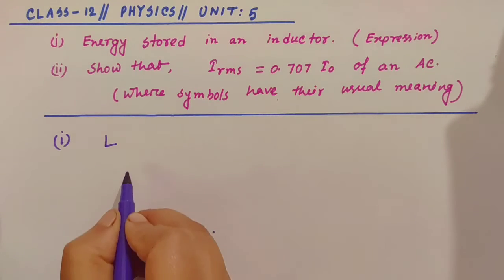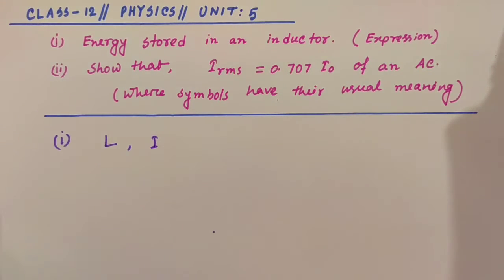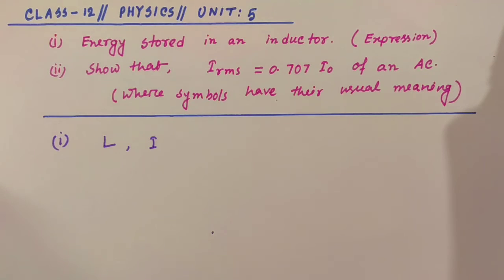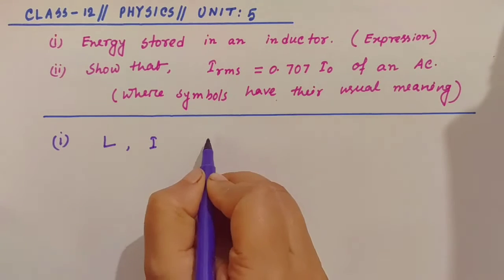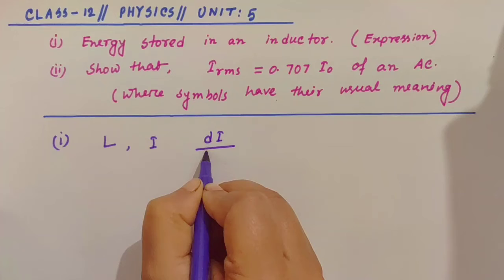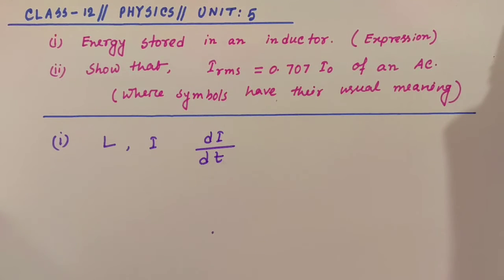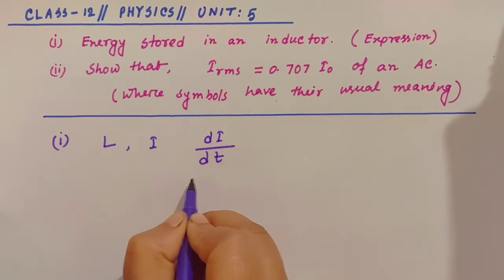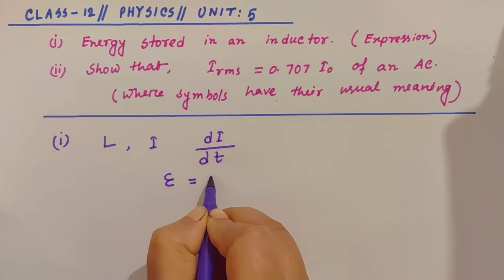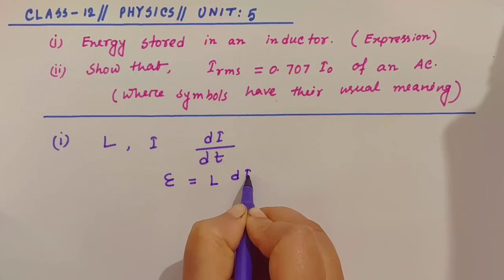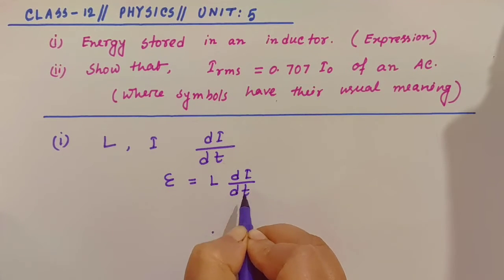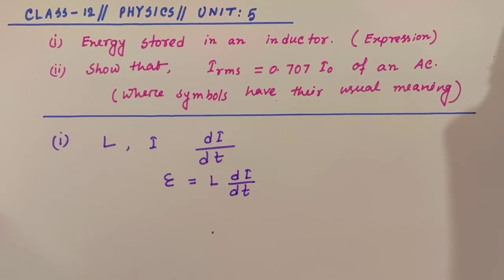While the current I in the inductor is changing at the rate di/dt, an induced EMF of magnitude E equal to L di/dt appears across the inductor.